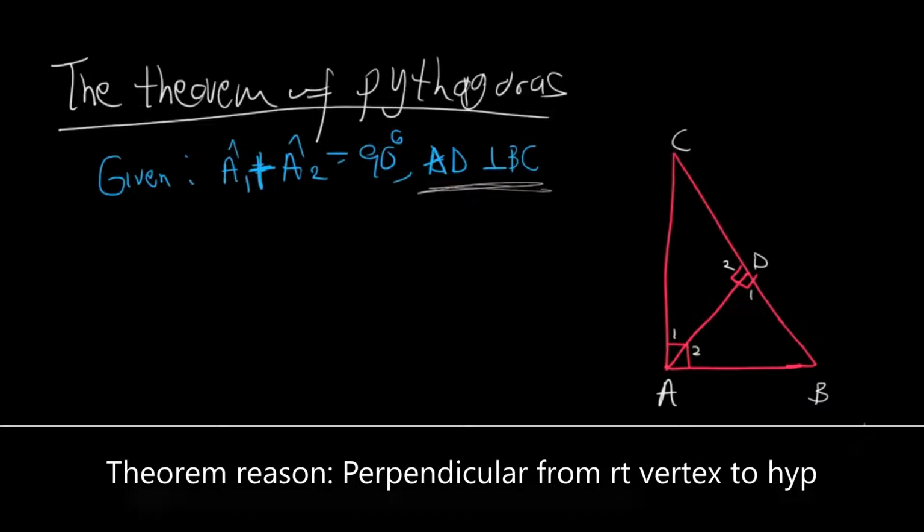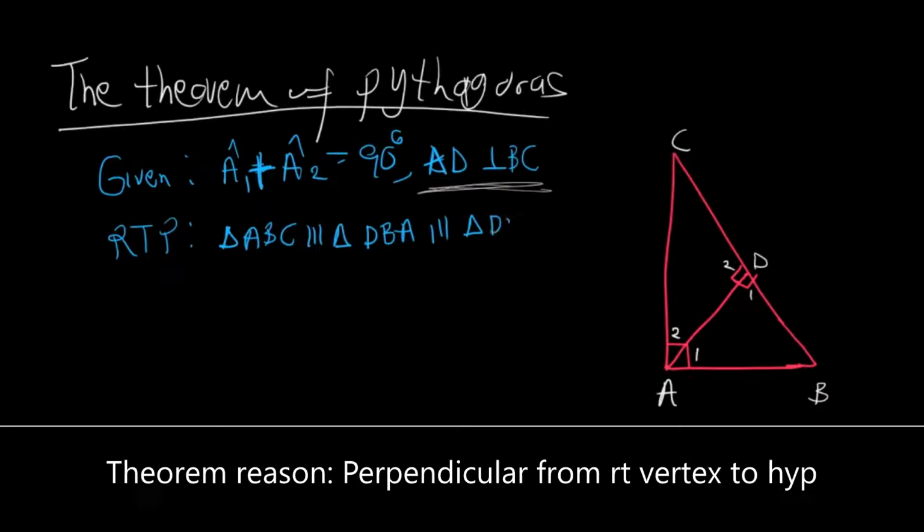For the purpose of what I've written down, I'm just going to write A1 and A2 here. So what we are required to prove is that the triangle ABC, which is the bigger triangle, is similar to the triangle DBA. It's also similar to the triangle DAC.